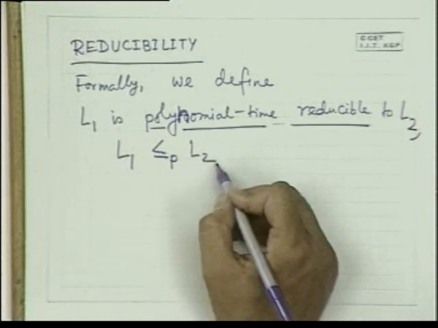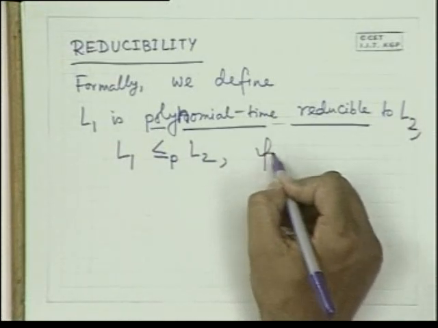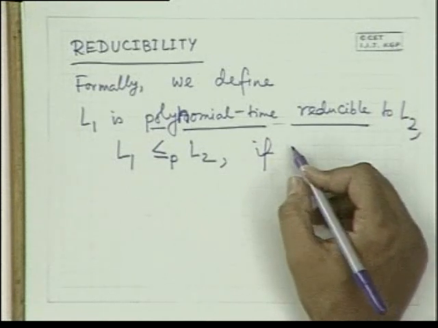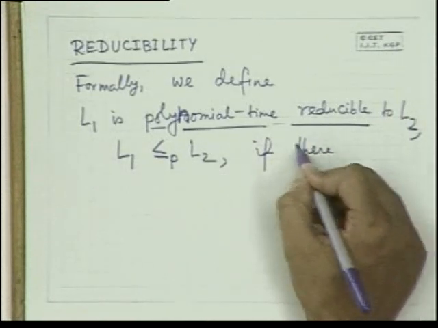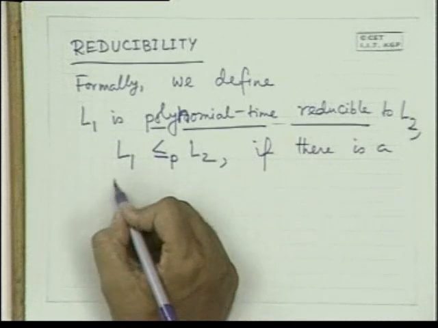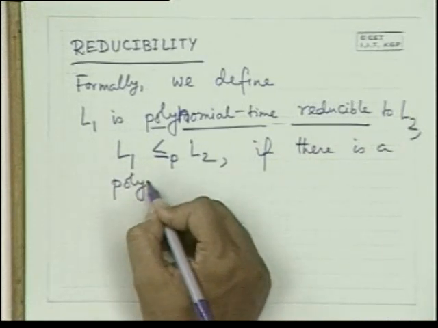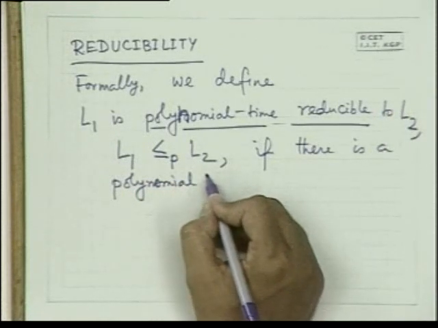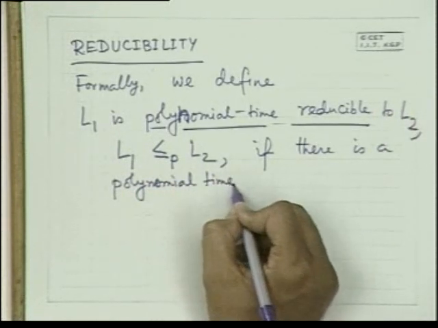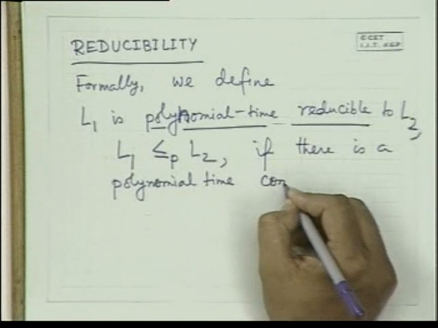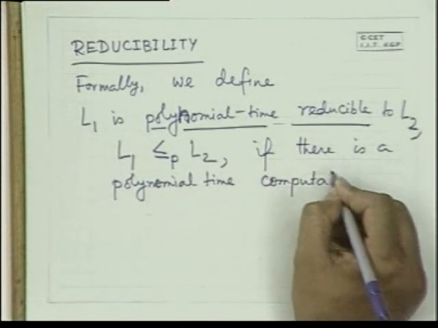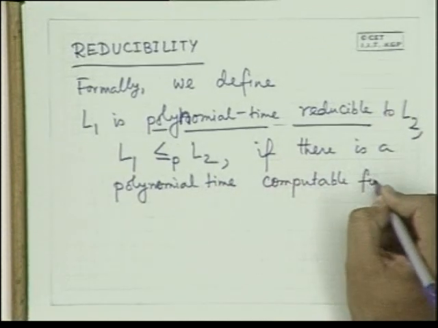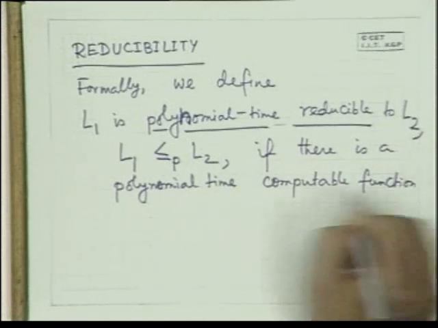L1 is polynomial time reducible to L2 if, this is the definition now, if there is a polynomial time transformation or a computable function f.